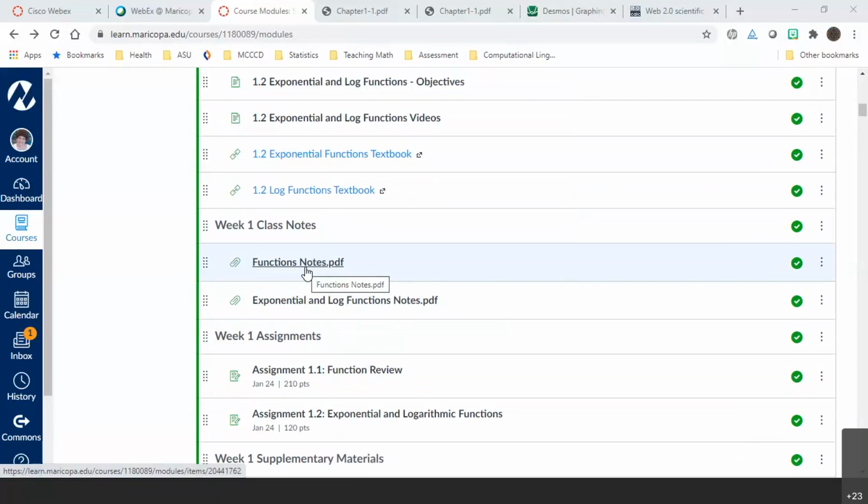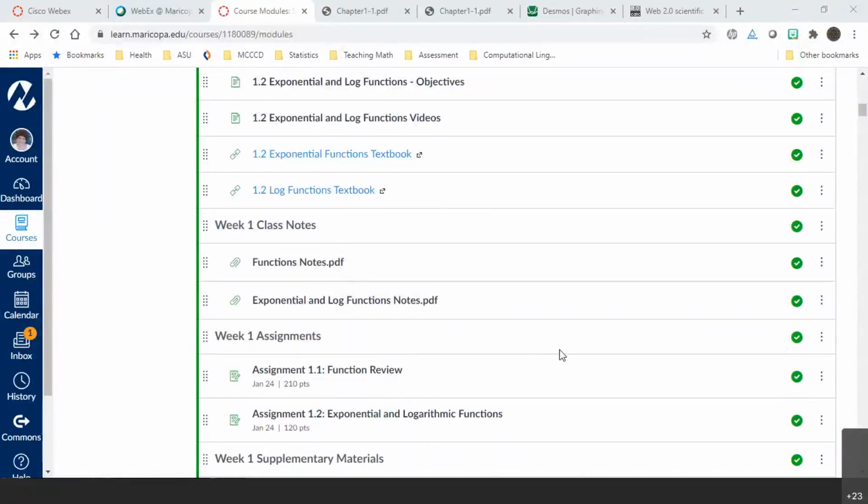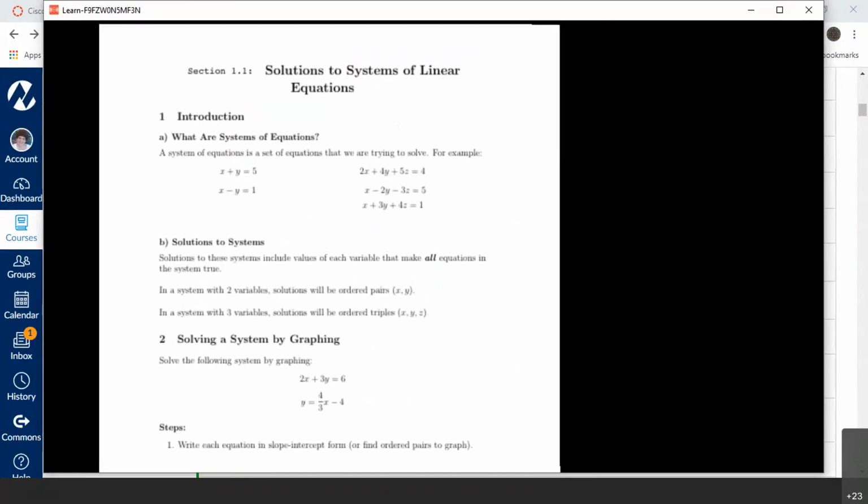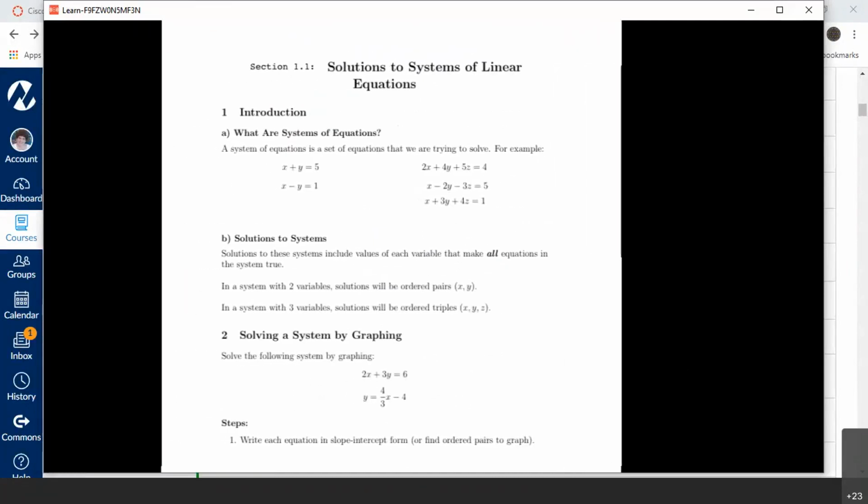First I have to share, and then I have to share my screen. It takes a moment for the tablet to connect. Let me share content now. Okay, now everybody should be able to see section 1.1.